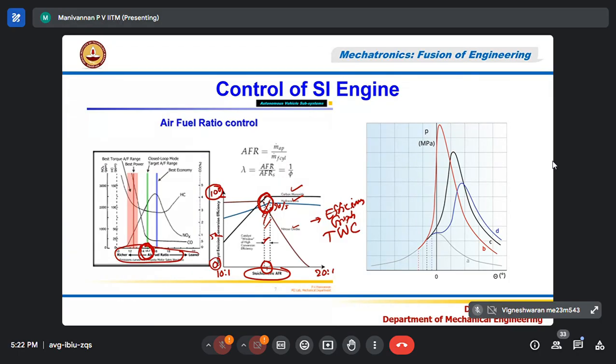So all SI cars, commercially selling cars, will be running at the stoichiometric air-fuel ratio, because as per Bharat 6 norms or Euro 6 norms, without a catalytic converter, you will not be able to reduce CO, HC and NOx to the required level of Bharat norms. We need a catalytic converter, but the catalytic converter will work efficiently only when you run your engine at the stoichiometric air-fuel ratio.